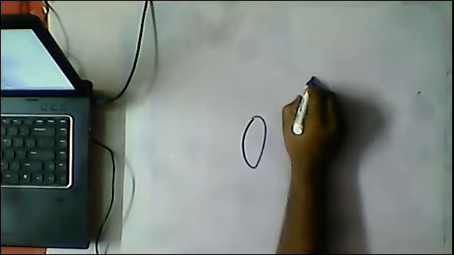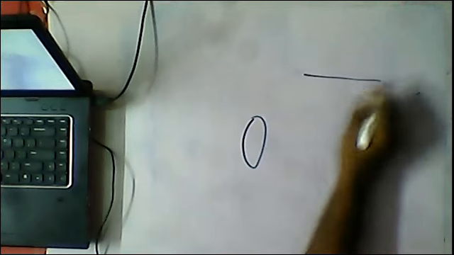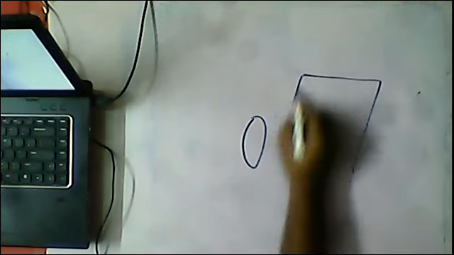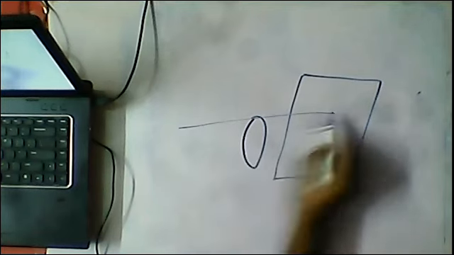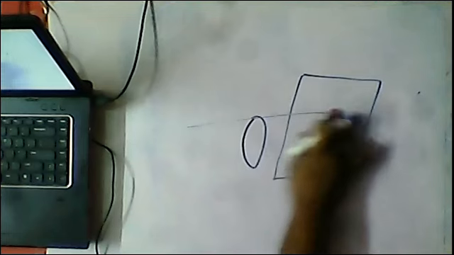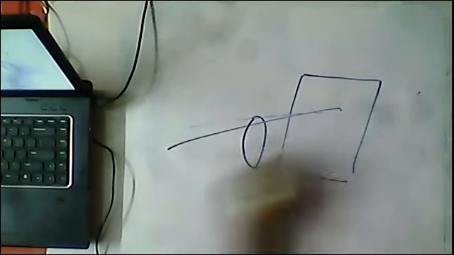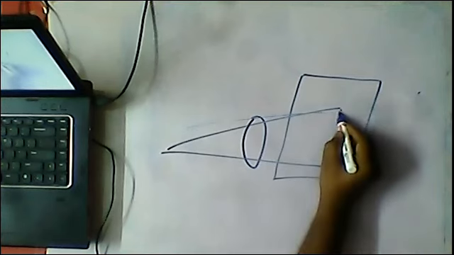So guys, first of all, think that this is an obstacle, and here we have a very big screen. Now when light falls on it, in general, when light comes from a point source, it will create a shadow like this. Is it right?